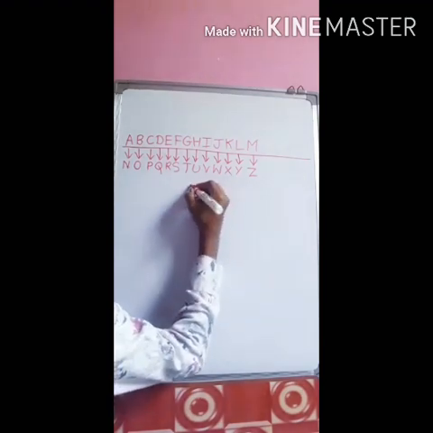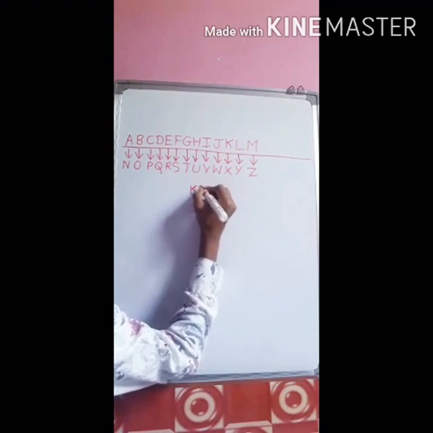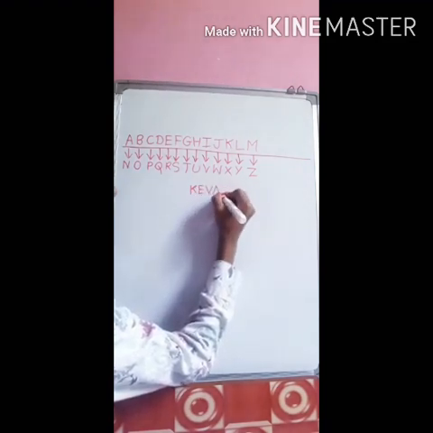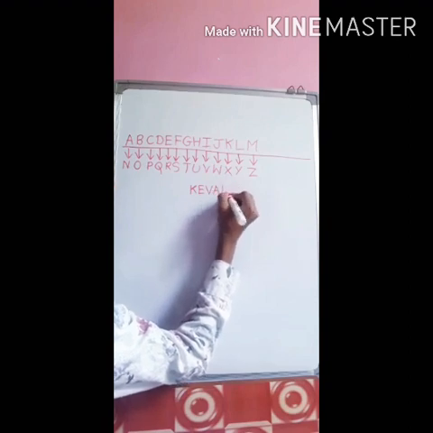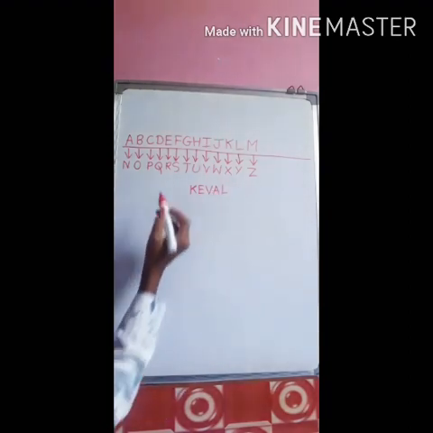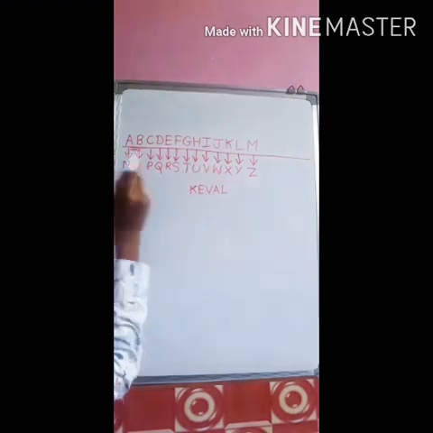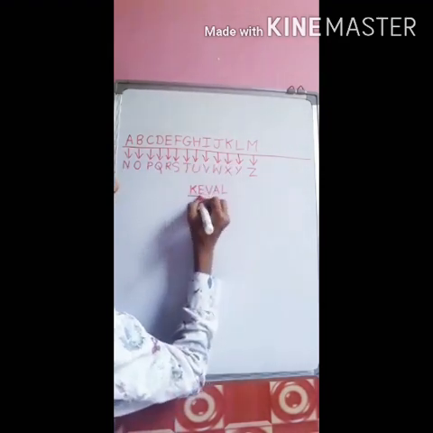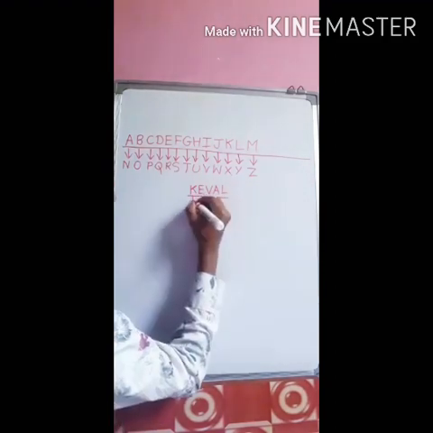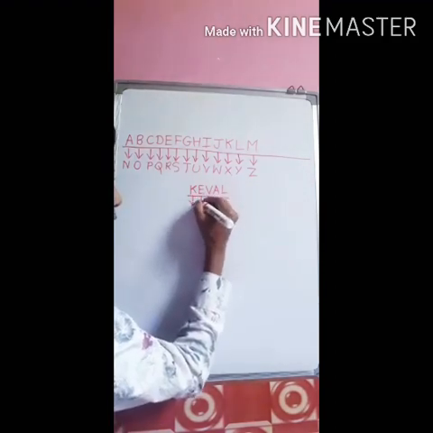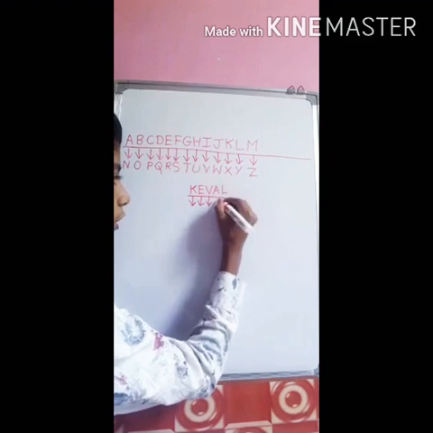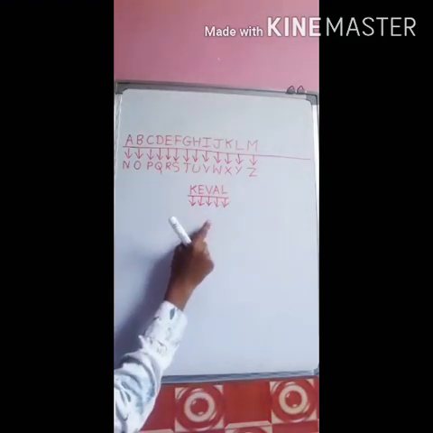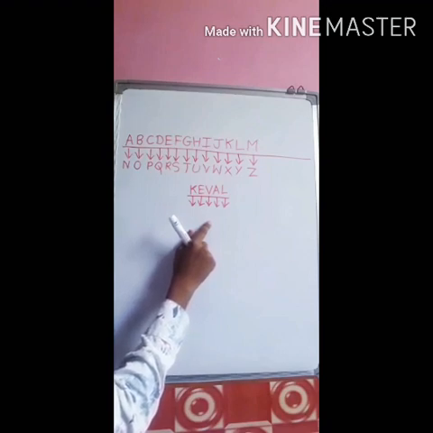The spelling is K, E, V, A, and then L. Same as before, we will make arrows below these letters. First this type of line. Now we will make the arrows below K, E, V, A, and L. Now we have made the arrows.